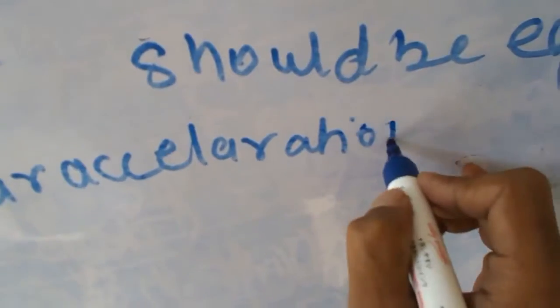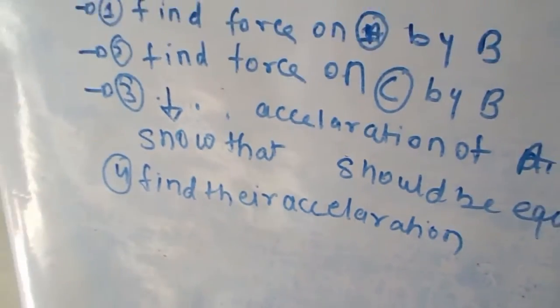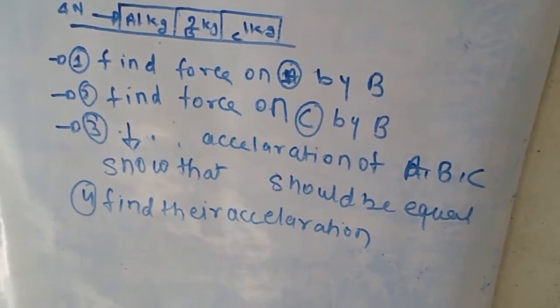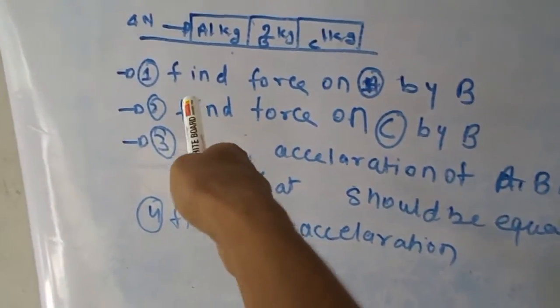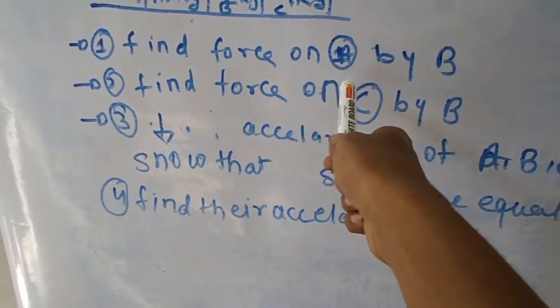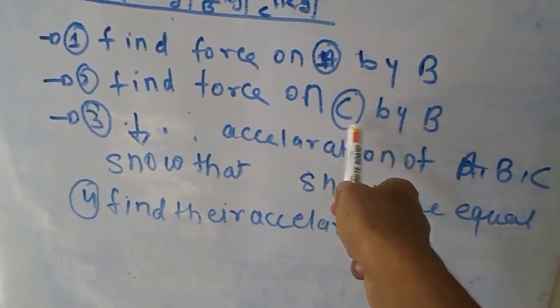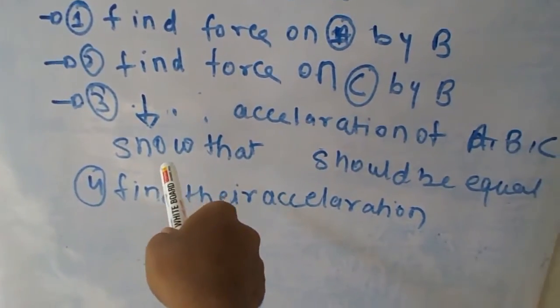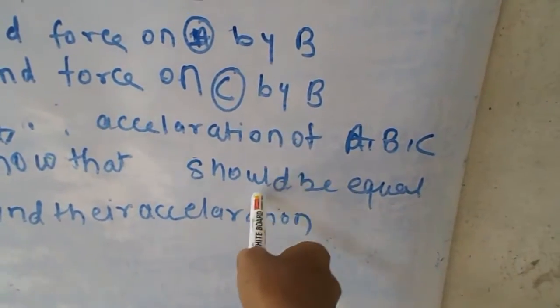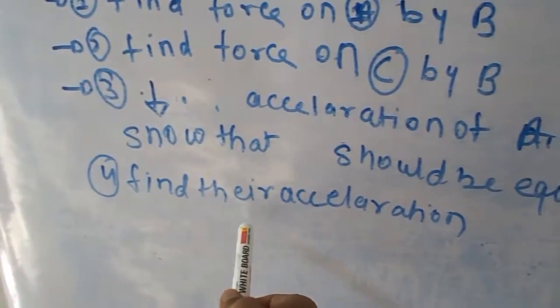So look at all the questions. First question is find the force on A by B. Second question is find the force on C by B. Third is so that the acceleration of A, B, C should be equal, and fourth is find the acceleration.